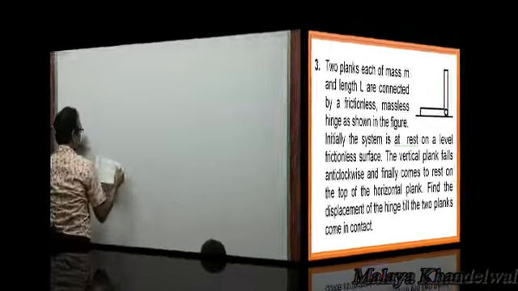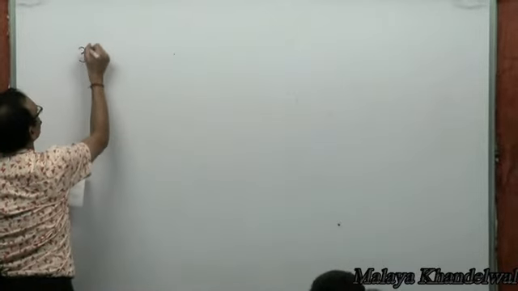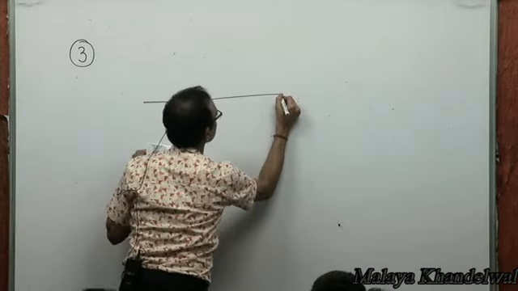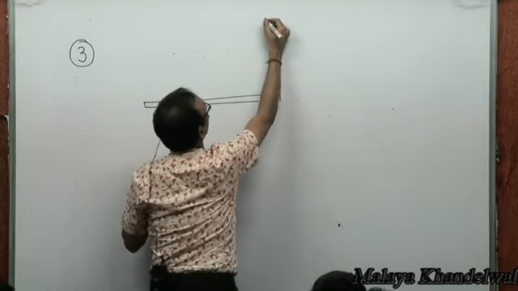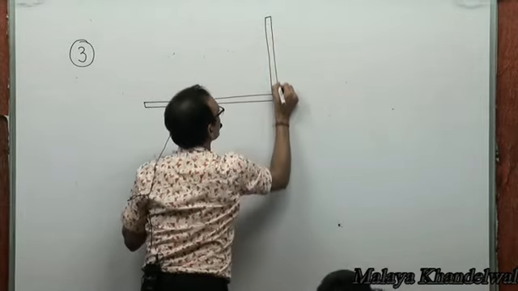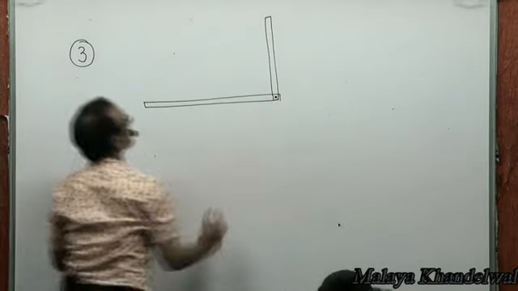Now there are two identical planks. Problem 3 is about two identical planks. This is one. This is another one. And they are hinged.